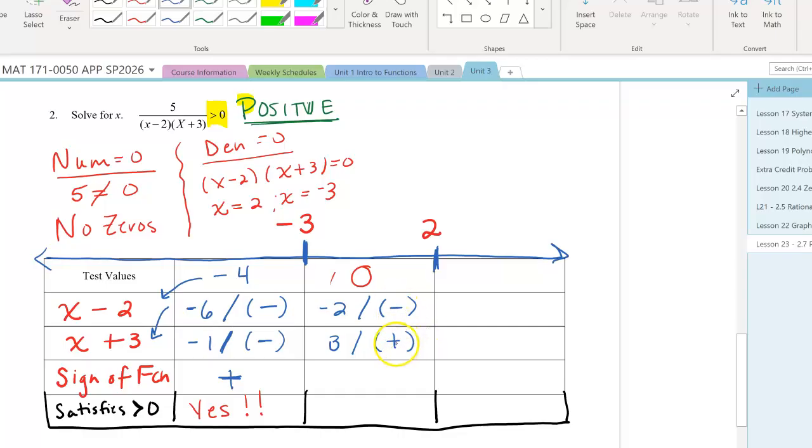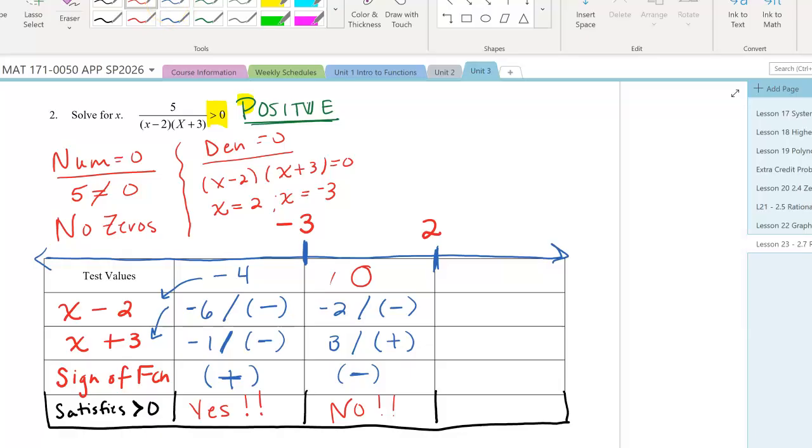And a negative times a positive is going to be negative. So remember again, we're looking for where the function is positive, and since the function is negative in this interval, the numbers in this interval do not satisfy the inequality, so this would not be a solution.